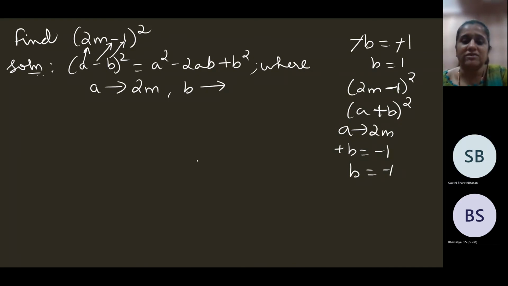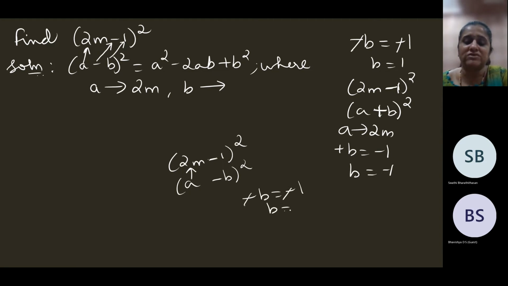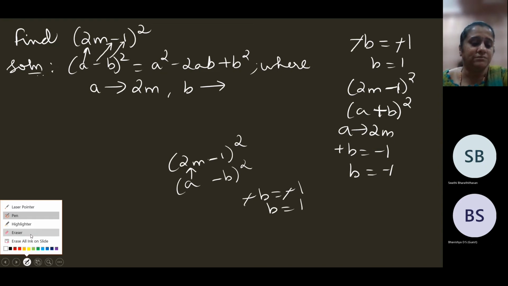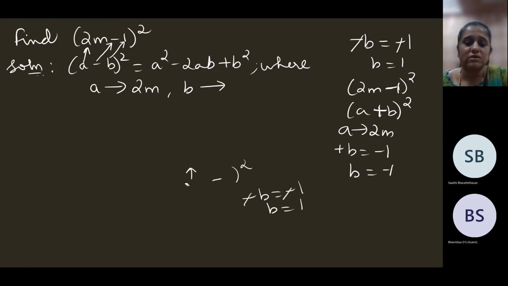Yes. But here we are comparing (2m − 1)² with (a − b)². So a is 2m, minus b is minus 1, so b is just 1. b is equal to 1.